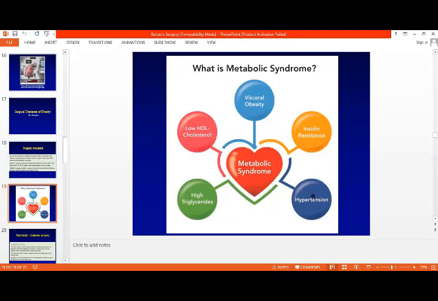There is hypertension, and there is dyslipidemia, in which triglycerides are high and HDL cholesterol is low. So this is dyslipidemia, obesity, diabetes, and hypertension. This makes up a metabolic syndrome. Diabetes, hypertension, dyslipidemia, in combination with obesity is a metabolic syndrome. Actually, bariatric surgery can treat this metabolic syndrome.